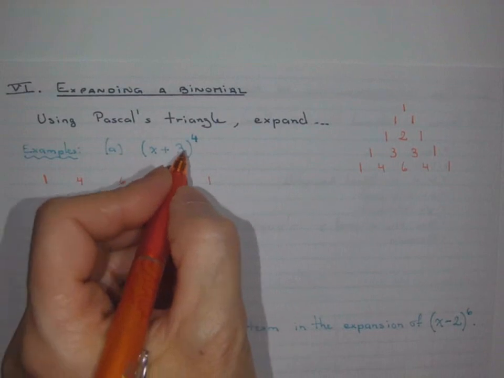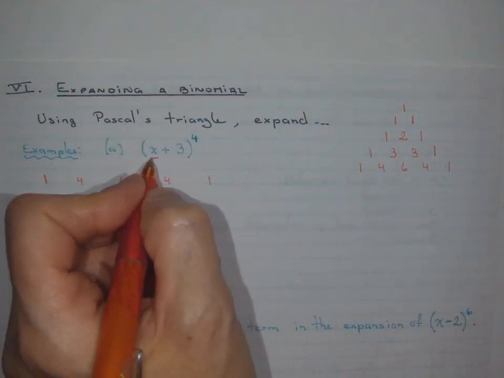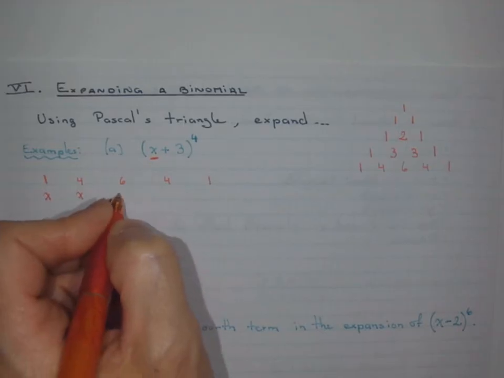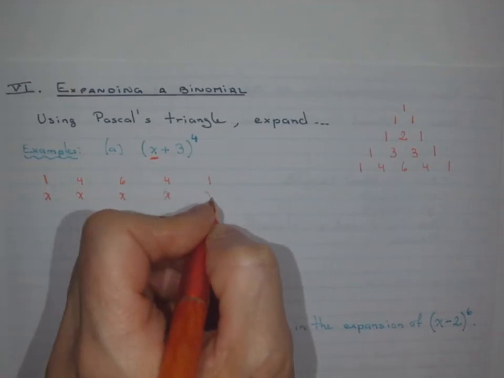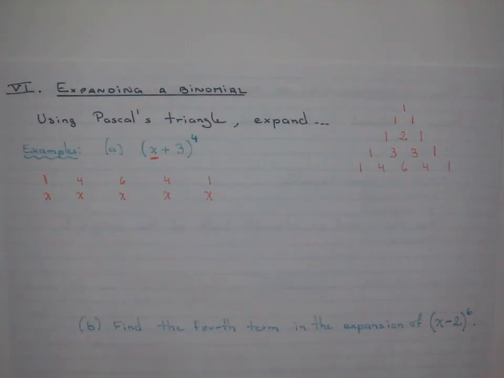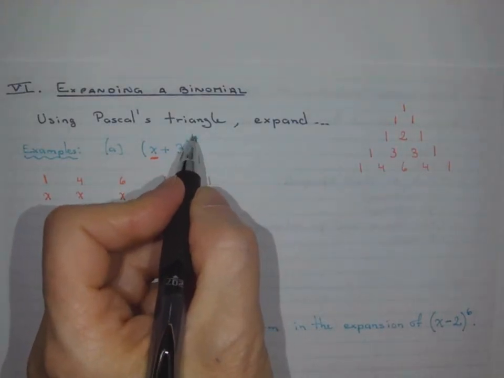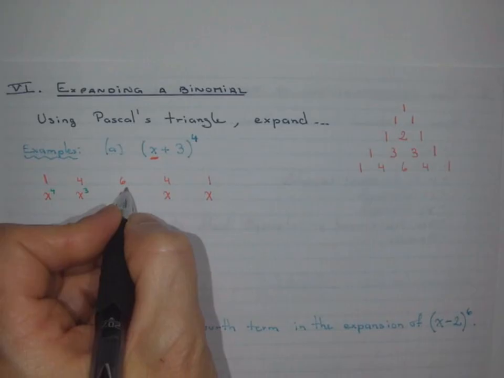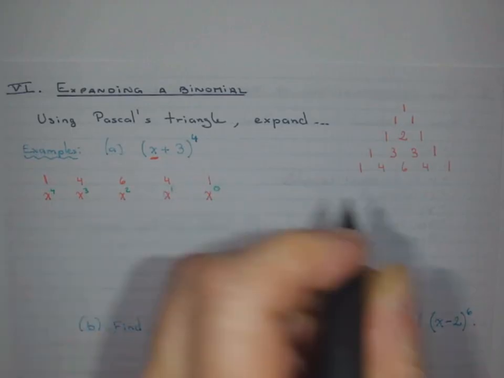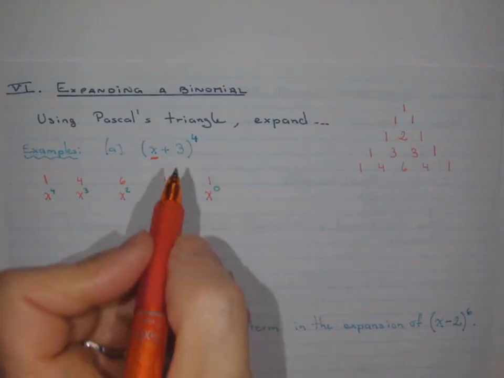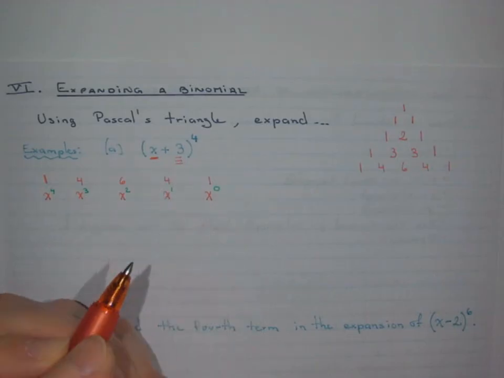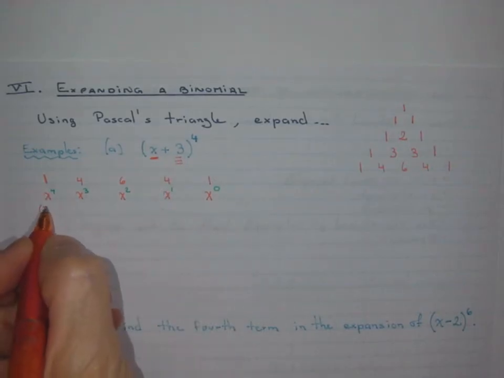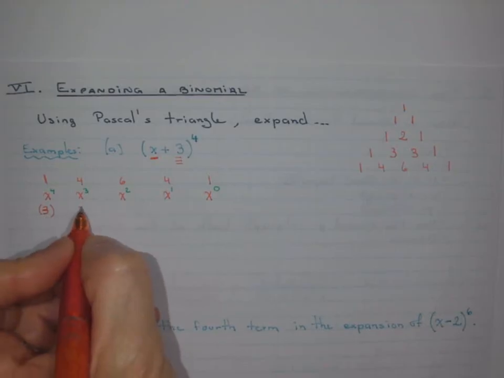And now I'm going to go back to my binomial, and I'm going to say my first term was an x. So I'm going to put an x. But it cannot just be an x, right? We're going to start with the power we're expanding to, so 4, and we're going to count down all the way to 0. Now we can stop here because we have a second term here in that binomial, so we're going to do positive 3. And you're going to say, well, do we need the parentheses?